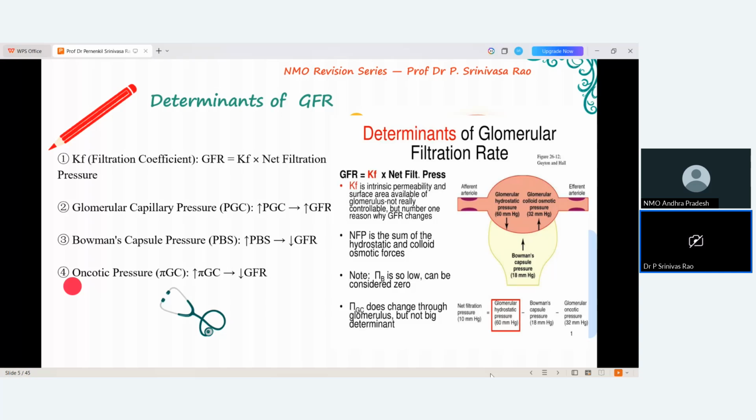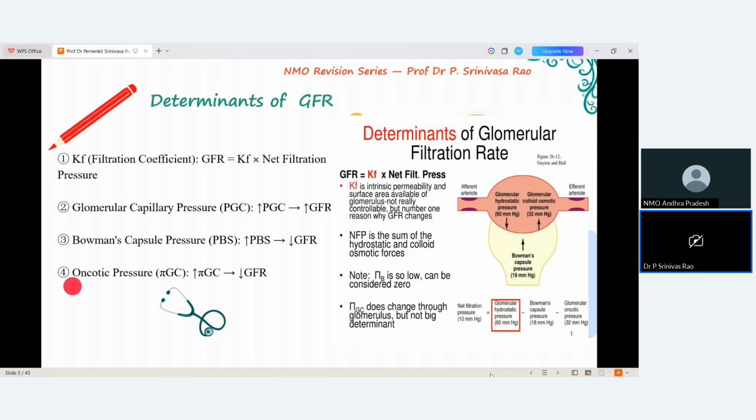All this, in addition to the other factors, will be having a role to play. So Kf is determined by the area, thickness, and net filtration pressure. I told you about the net filtration pressure of 10 millimeters of mercury.